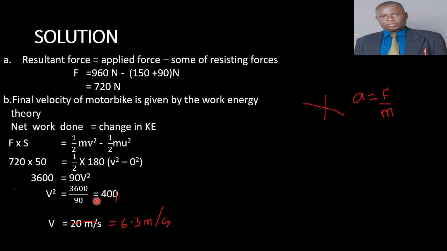Actually 6. So this is 6, yeah? Please do that correction. This is 6.3. So the velocity is going to be 6.3 because dividing here, it cannot give you 400.